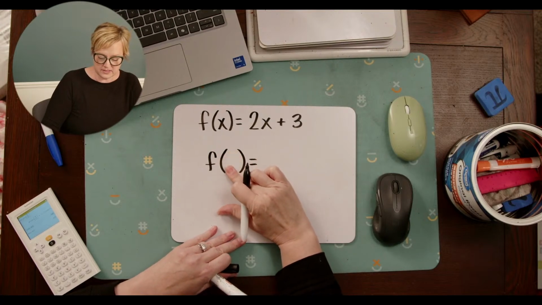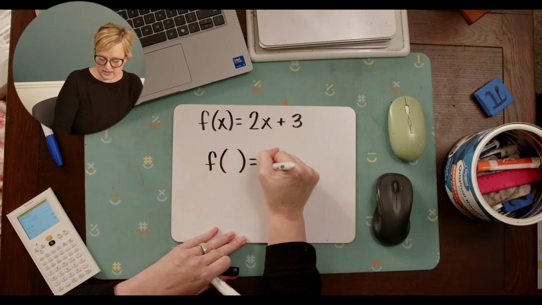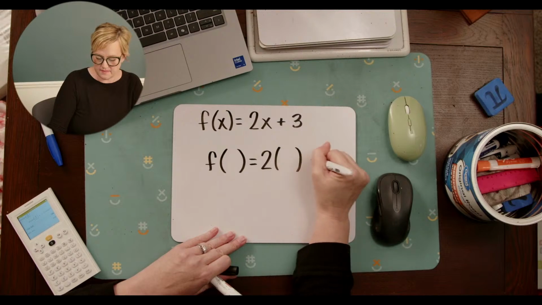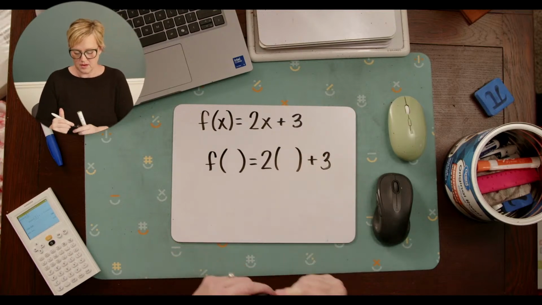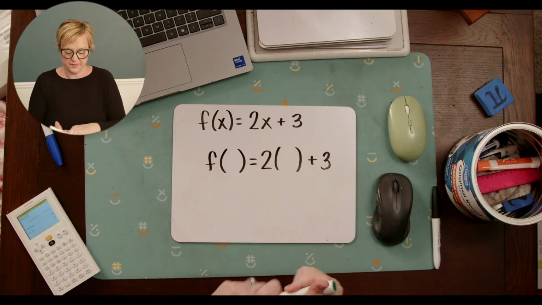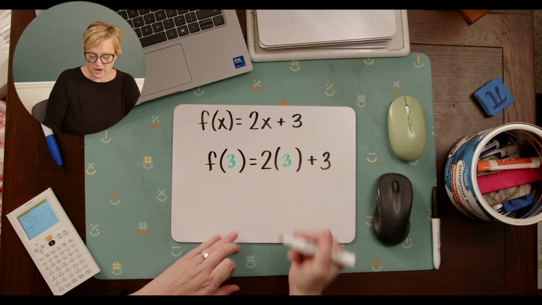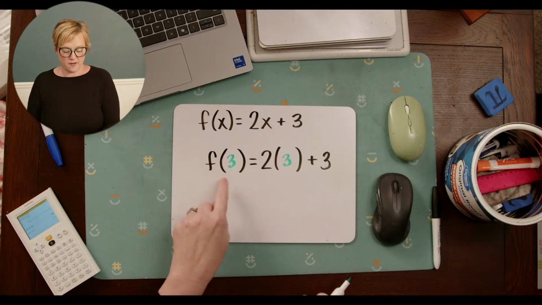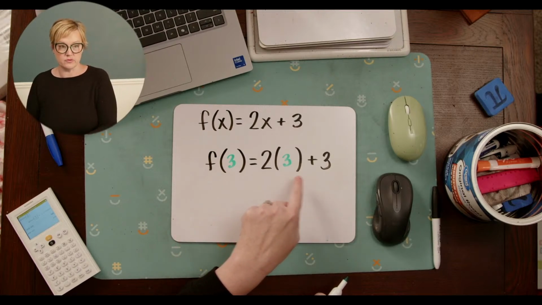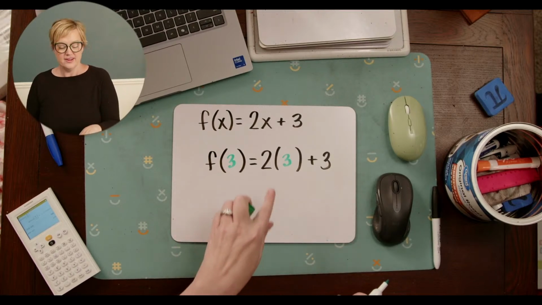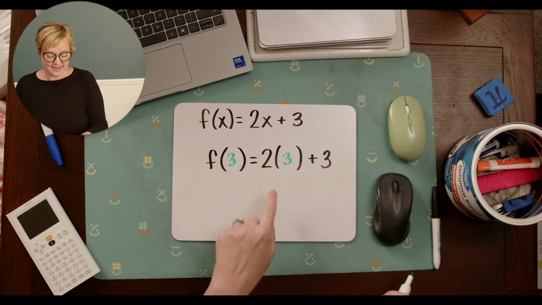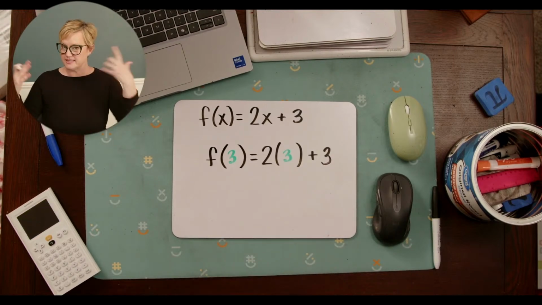So in this case, 3 goes there. f of 3 is 2 times 3 plus 3. 2 times 3 is 6, 6 plus 3 is 9.